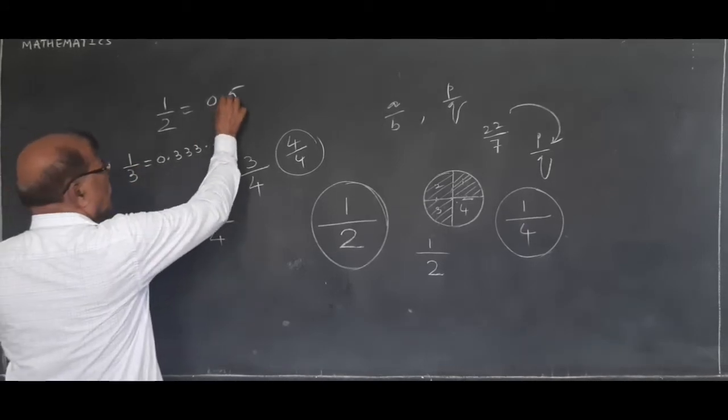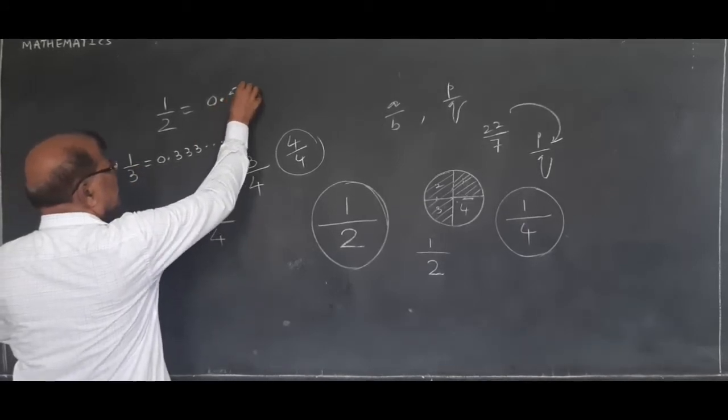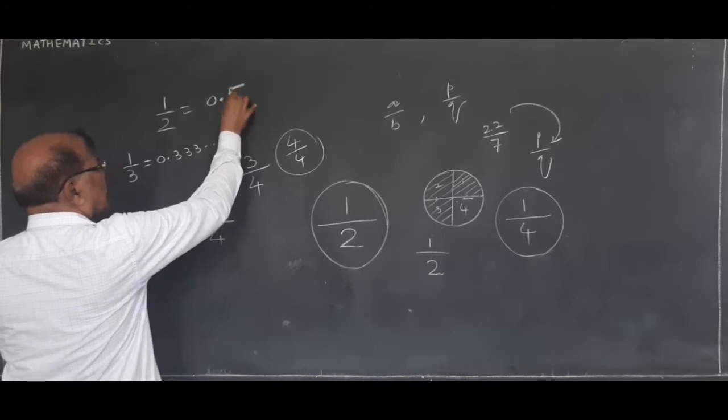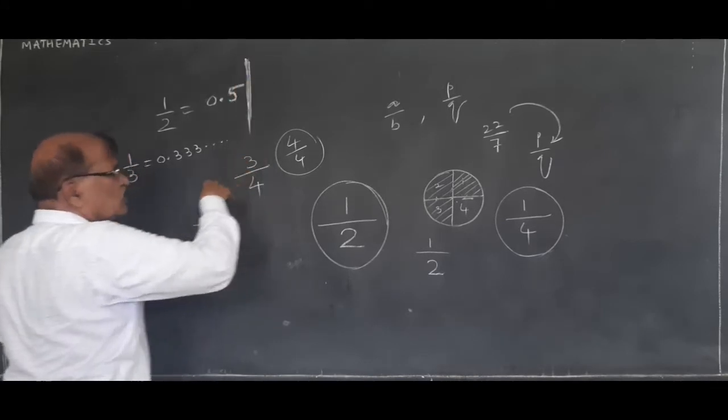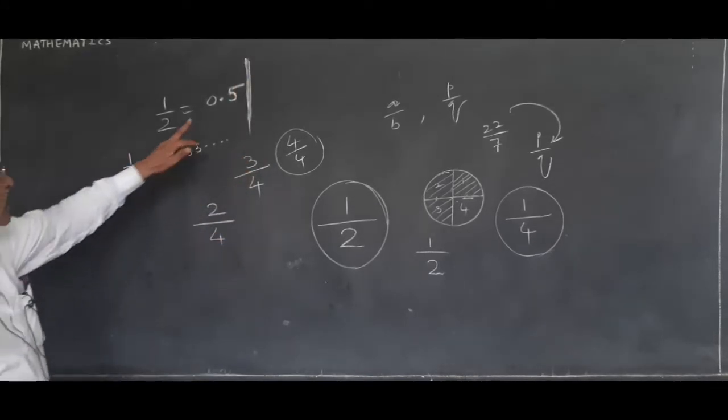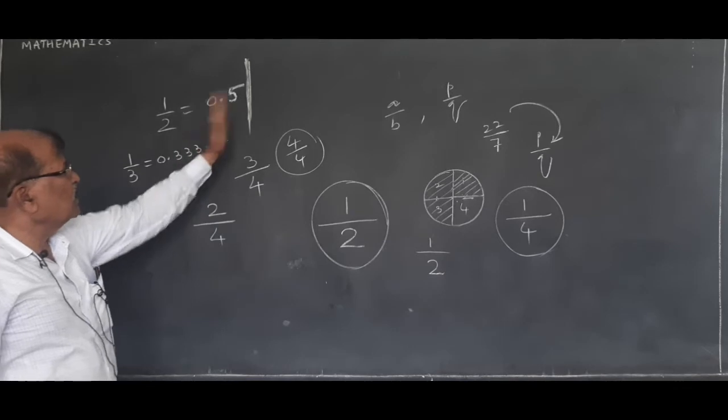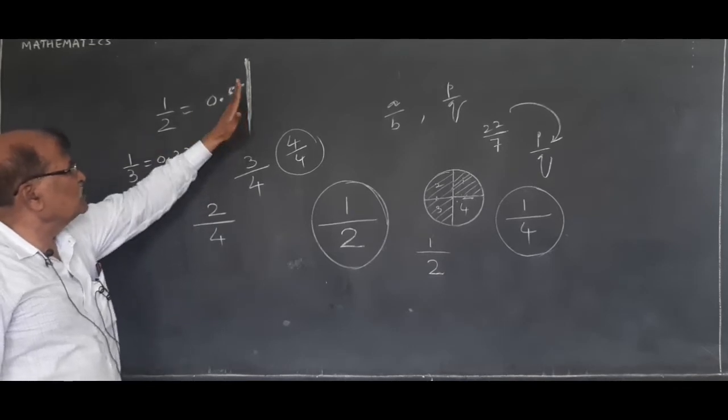When there are no further digits after this 5, it is closed. It is terminated. Here the decimal cannot get another decimal, that is closed.